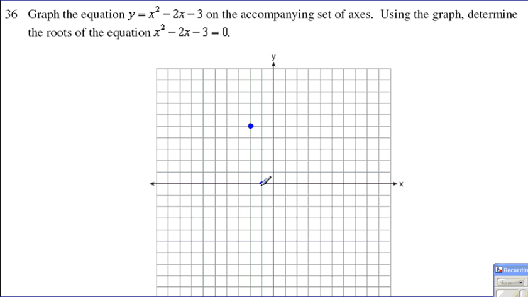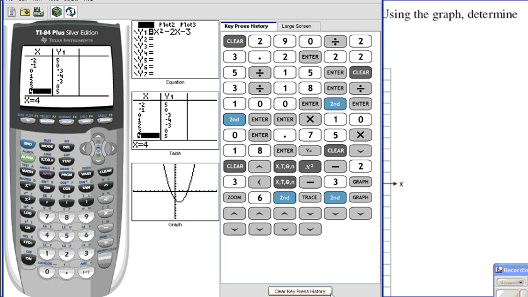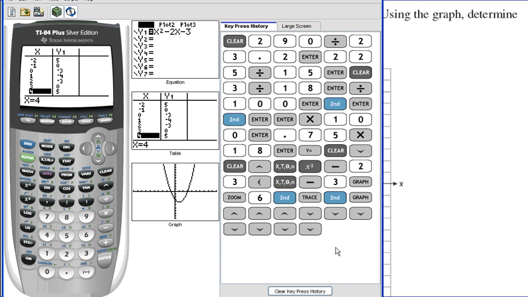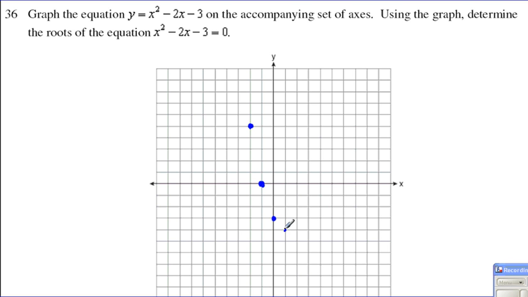Alright, next one is 0 comma negative 3. And 1 comma negative 4. And the other one was like this, and this, and this.